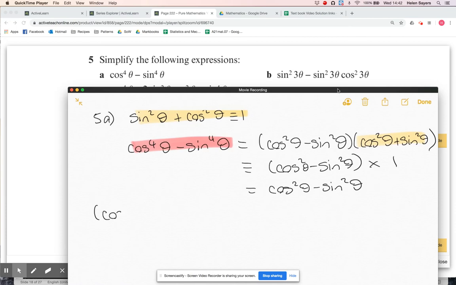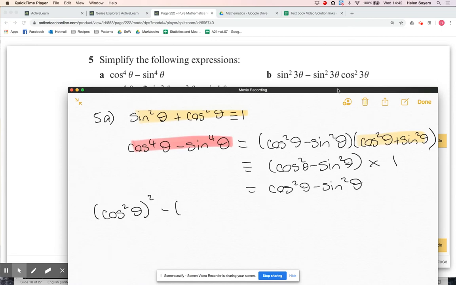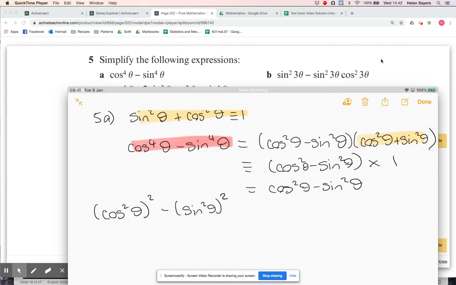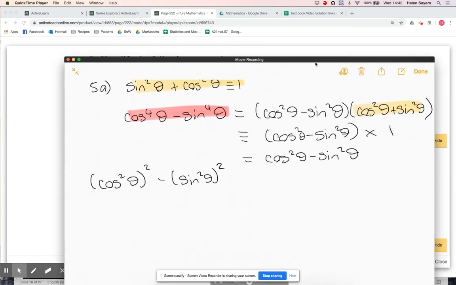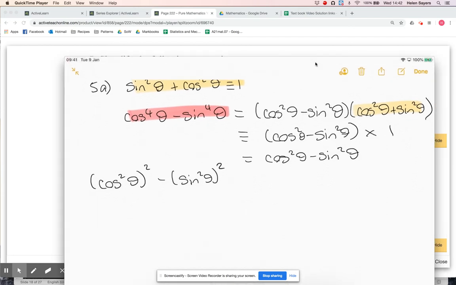But you could say, well, cos to the power of 4 is cos squared squared, and the same as sine to the power of 4. And again, normally you'd expect the question to tell you how they wanted their final answer. Because what I could do here is say, well, cos squared is 1 minus sine squared.